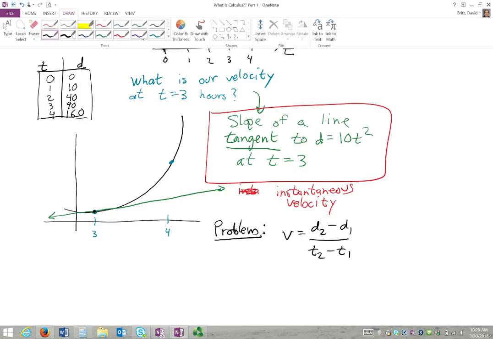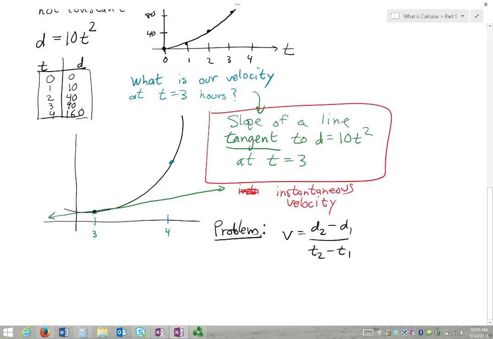So instead of the instantaneous velocity, let's draw a line connecting 3 and 4. You can see this is why I wanted to redraw the graph. I just needed to exaggerate. This difference would not be as apparent on the other graph. So for the instantaneous velocity, we call that the tangent line.